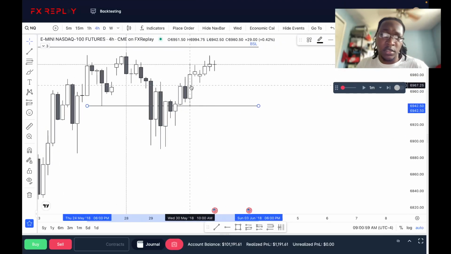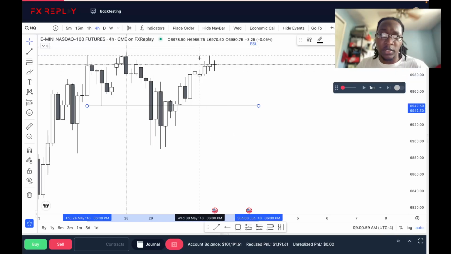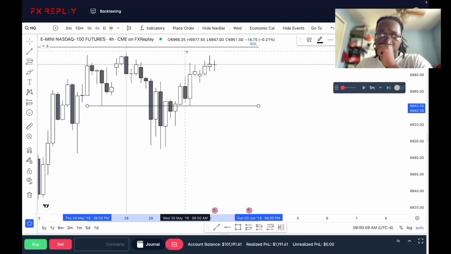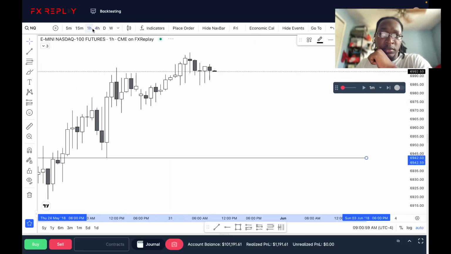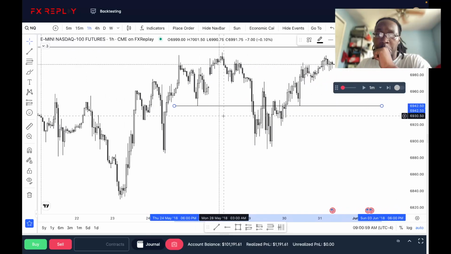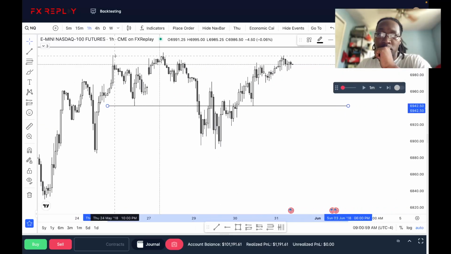Yeah, support this order block. Still pushing higher. We do have a swing high that most likely going to form. But the dealing range is, where is it?